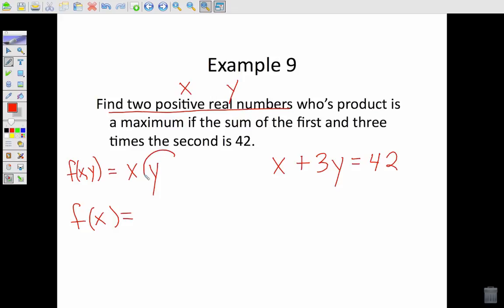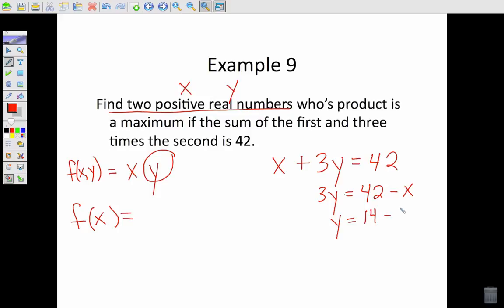Well, when I write a function, I don't want to have two different variables. I just want it maybe in terms of x. So if we want to replace my y here, then I need to solve this for y. Solving for y would be 3y equals 42 minus x, and divide by 3.